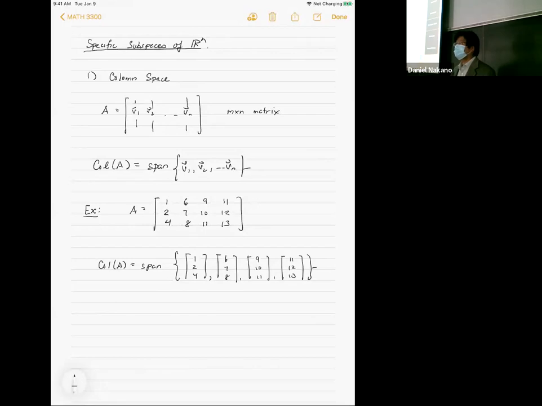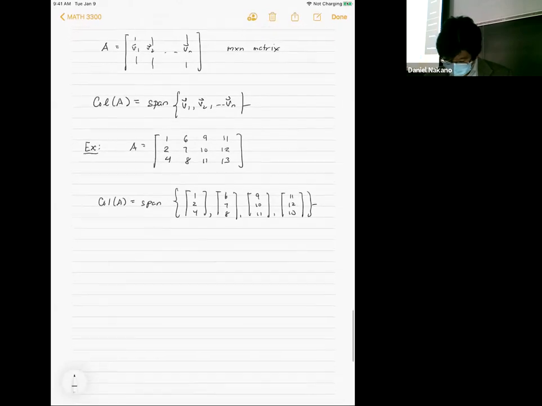Now, these may not be linearly independent. In fact, we know they probably aren't, because this is in R3 and you have 4 vectors in R3, so it's not going to be linearly independent. So we just want to find a basis for that.